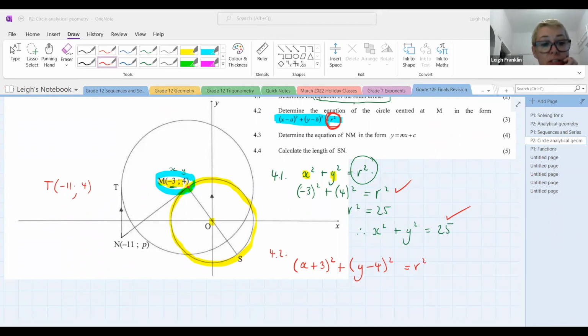The distance from M to T is going to give us r squared. You're quite right.